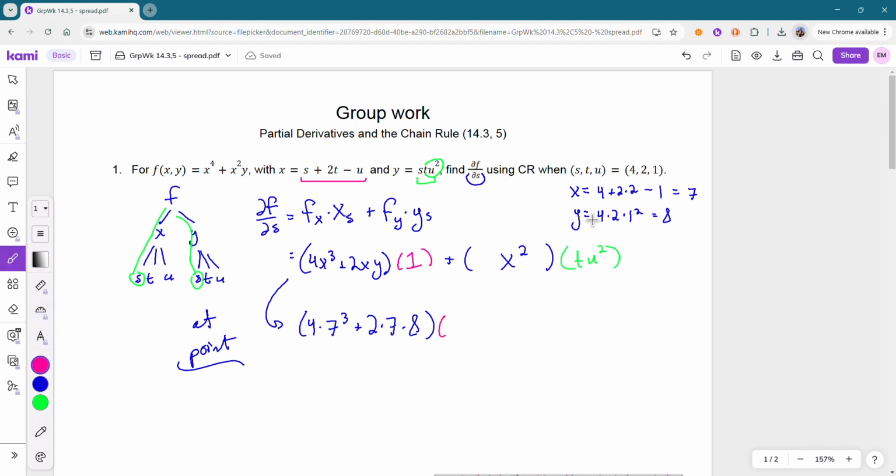I'll write it in just so we can see we thought about it. Plus x squared, and then times t u squared, so t is 2, and then times 1 squared. And if we crank that into our calculator, we're left with a value of 1582.